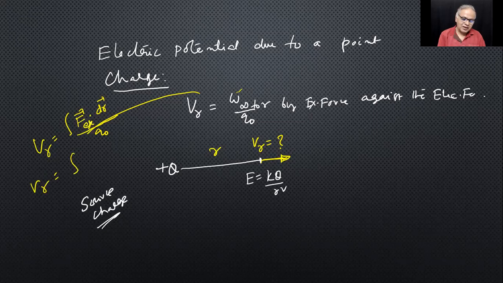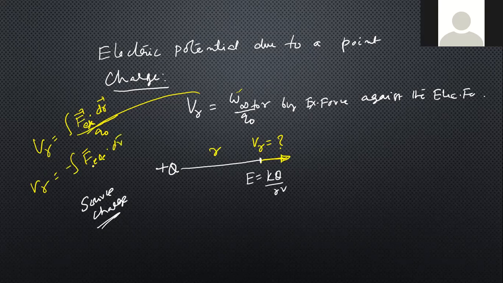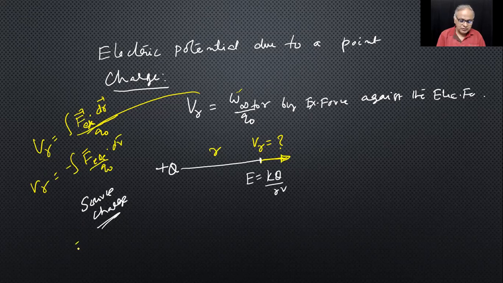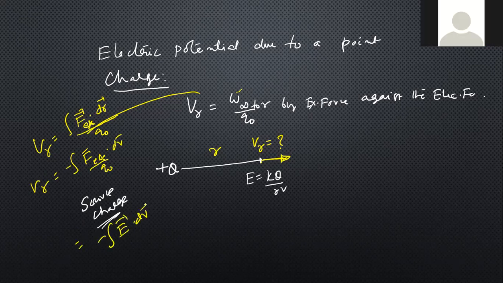This F external is equal to minus F electric by Q naught into dr. Do you follow this? And what is F electric by Q naught? E. Minus E dr. That's it.